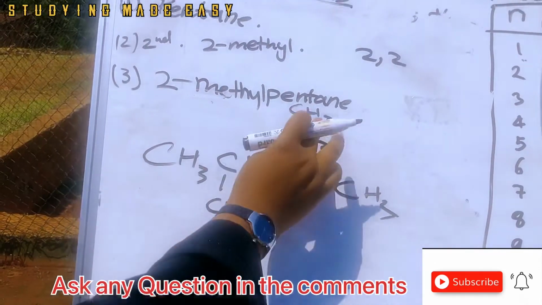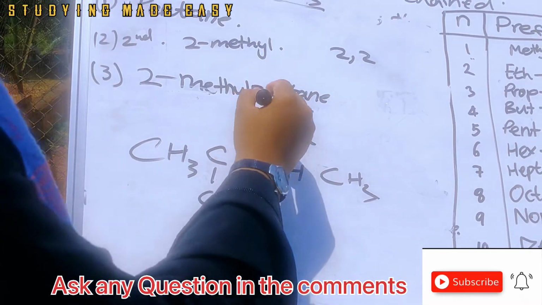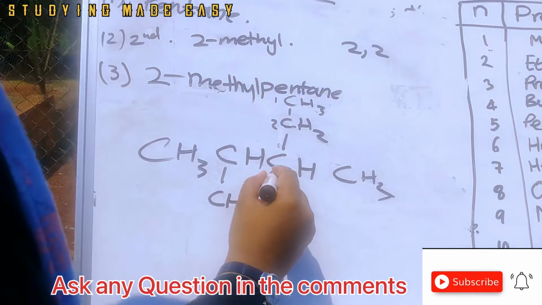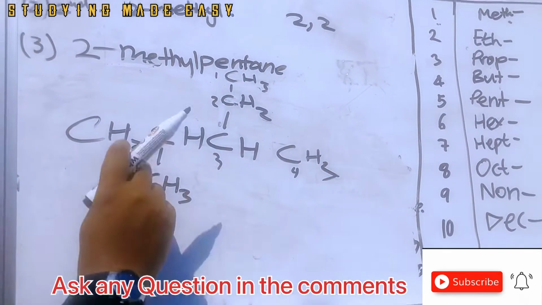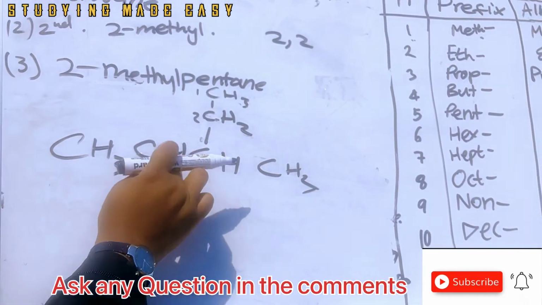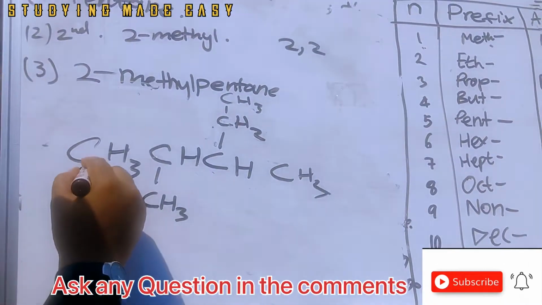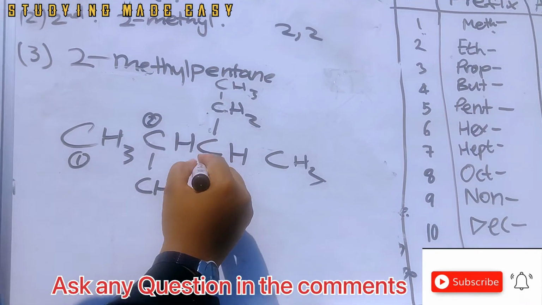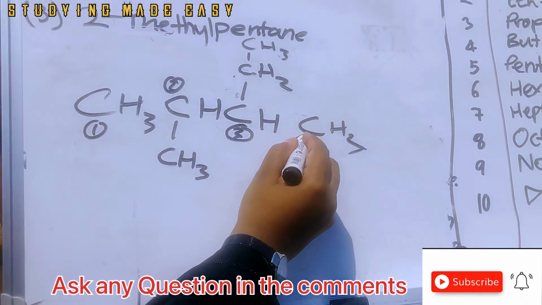Alright? So this is when we've opened it. If we count from here, it will be 1, 2, 3, 4. And if we count this way, 1, 2, 3, 4, it's still the same thing. Alright, so I'm going to take this as my parent chain. 1, 2, 3, and 4.